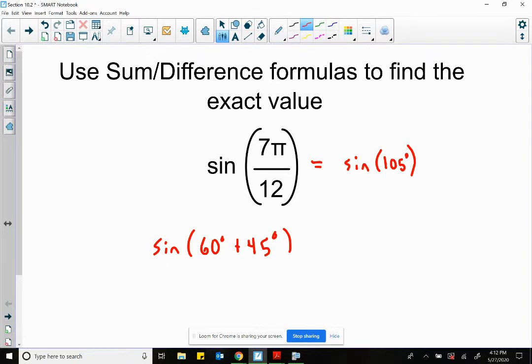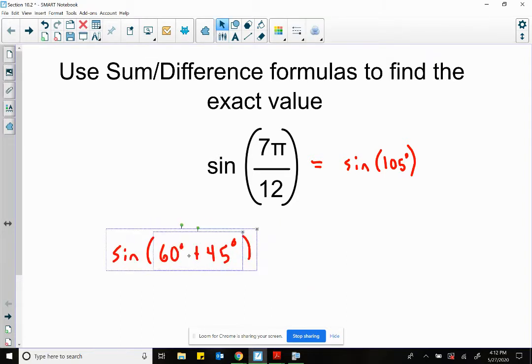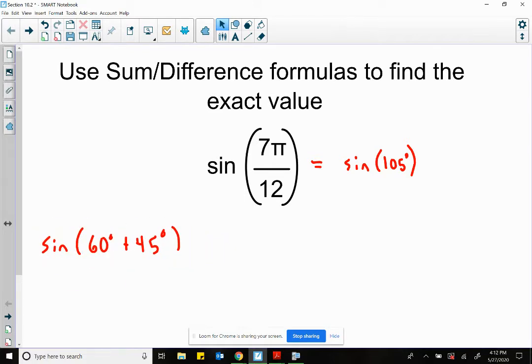Okay? So all we're going to do is run the addition formula for sine.